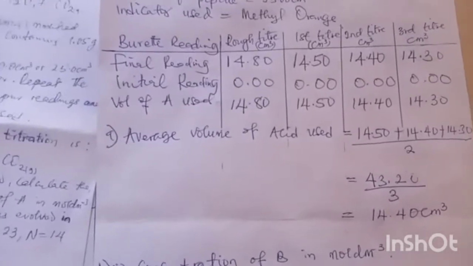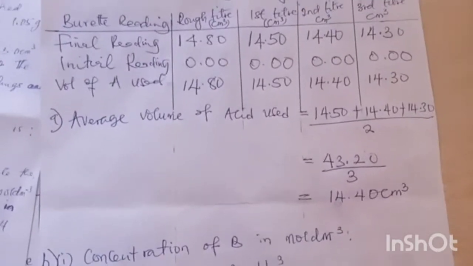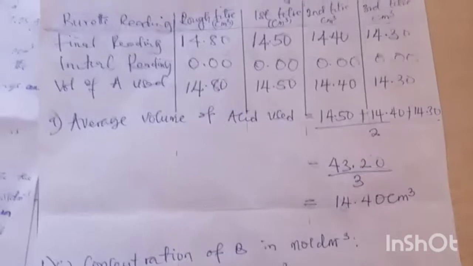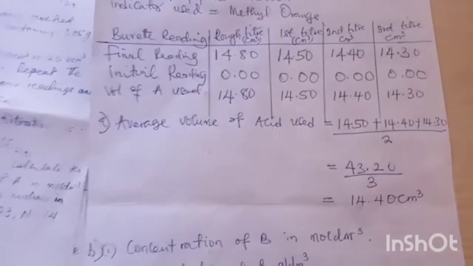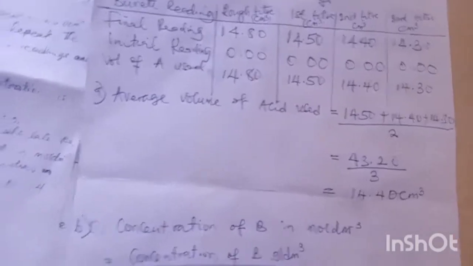So that is my table, and from there I have that my average volume of acid used is the average of the first titer, second titer, and third titer, which is actually this divided by 3 here.